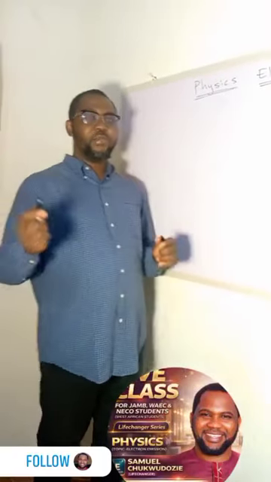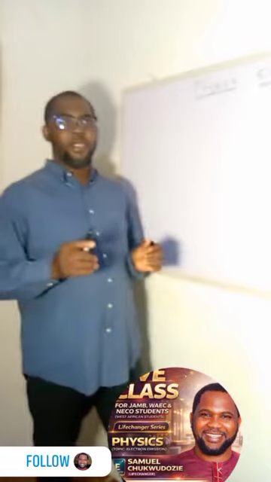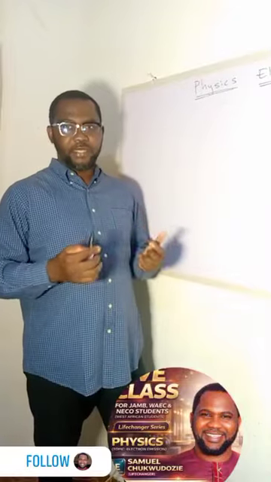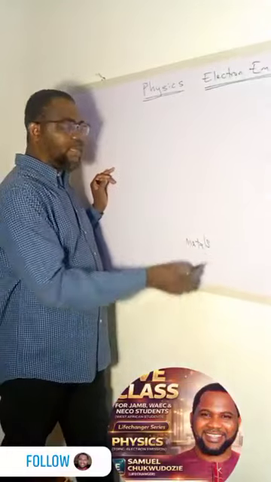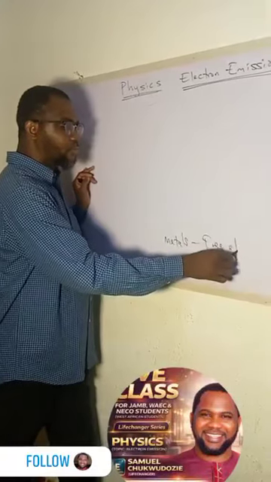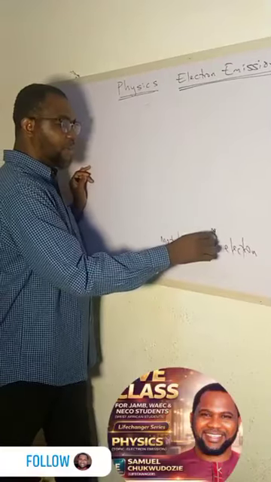Now, I want to bring us to a particular idea we may have forgotten about metals. One thing we know about metals is that metals are characterized by free mobile electrons. I'm sure you can remember that, free mobile electrons.